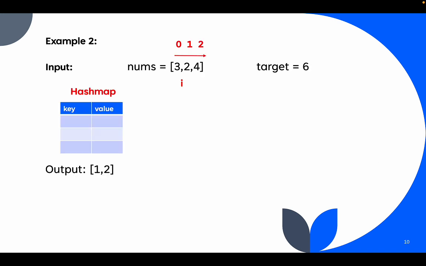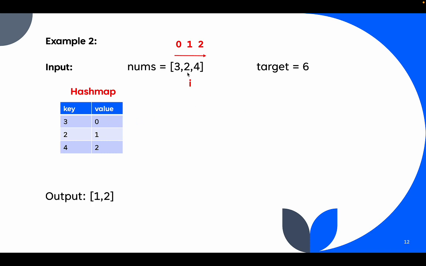Let's see this in a real example. We said that we need to create an empty hash map to store the elements and their indices. Now going through the indices, we'll assume that the first number is 3. The complement is equal to the target minus the current number. The target is 6 minus 3 equals 3. Now the complement exists in the hash map, but the index associated is our earlier index, so this is not the right answer.